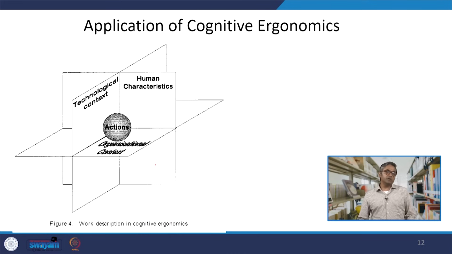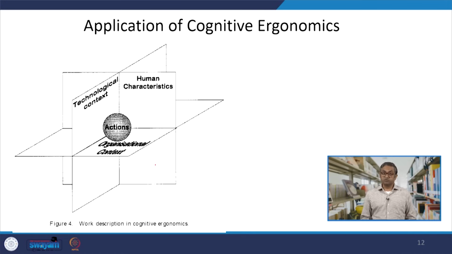Then, for the human interaction with the machine or a system, we require a technological context, which you see on the other wall. And then ultimately the human interacting with technology needs a context. So that is an organizational context.